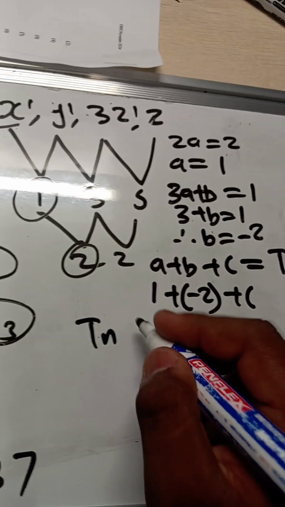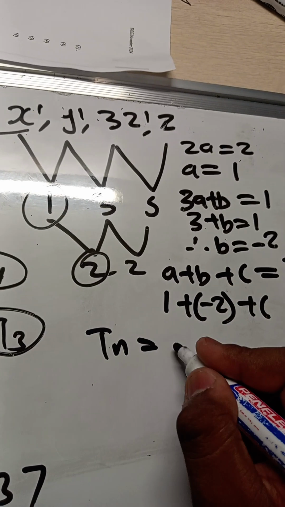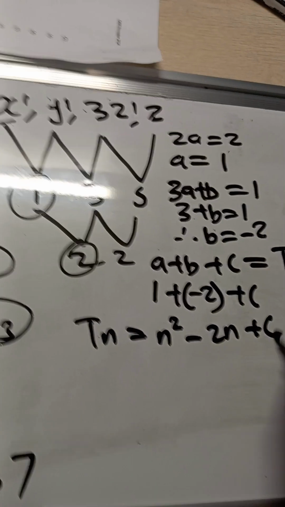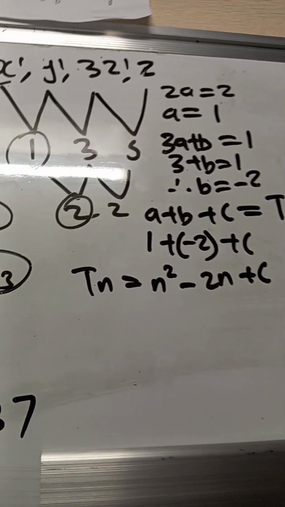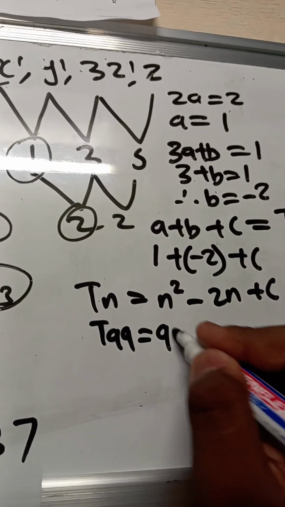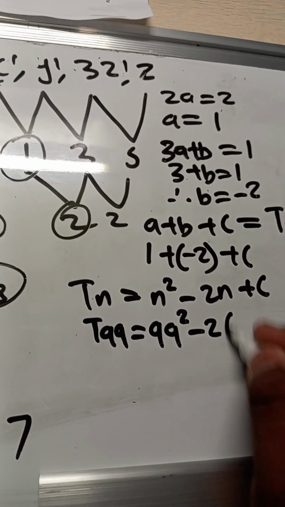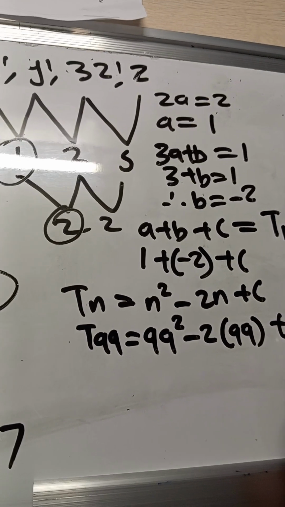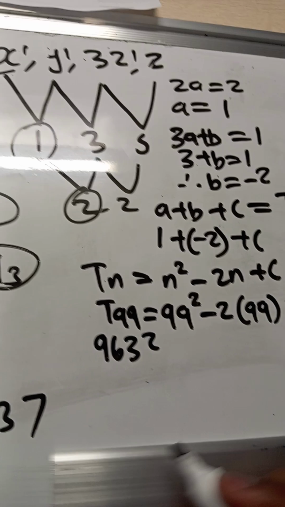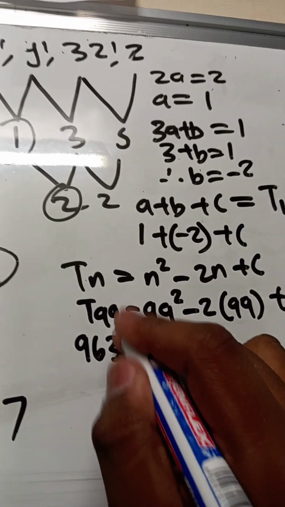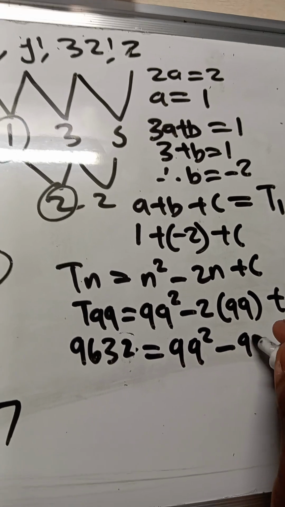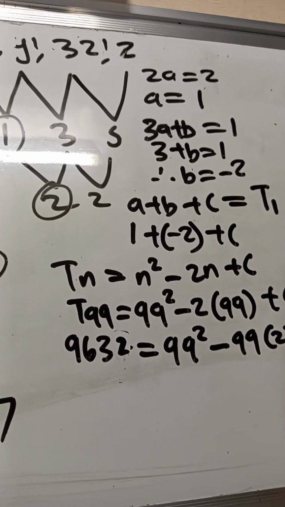So now what is going to happen? I basically have Tn equals n squared minus 2n plus c, since a is 1. Get what I'm trying to say? Now T99 equals 99 squared minus 2 times 99 plus c. What is my T99? 9632 equals 99 squared minus 99 times 2 plus c.